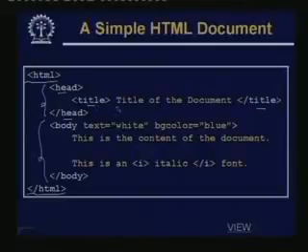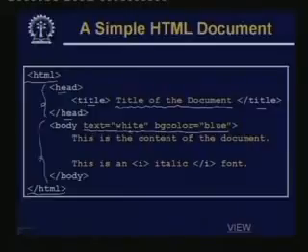Within the title tag we have specified the title of the document. In the body, in the begin body tag, we have added some attributes specifying that our text color will be white and our background color will be blue.